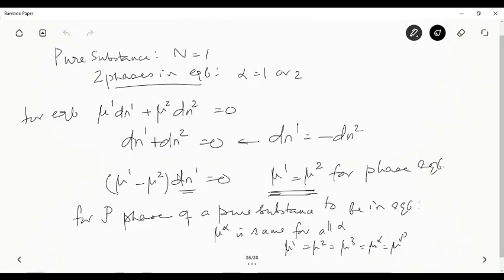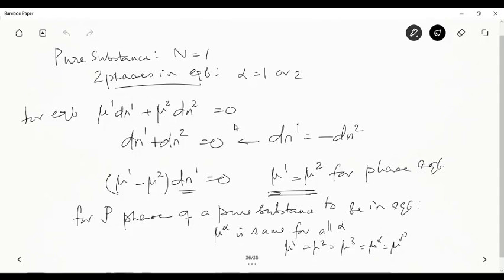And since dn_1 itself is an arbitrary change in the number of moles of a species, for equilibrium this has to be 0, so mu_1 and mu_2 will have to be equal for this equilibrium. This is basically what we derived.